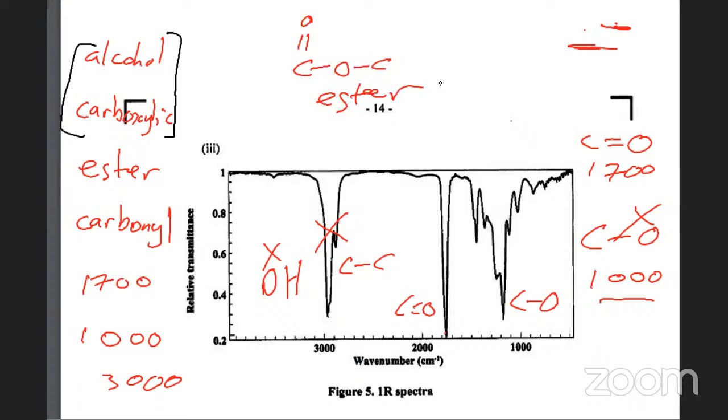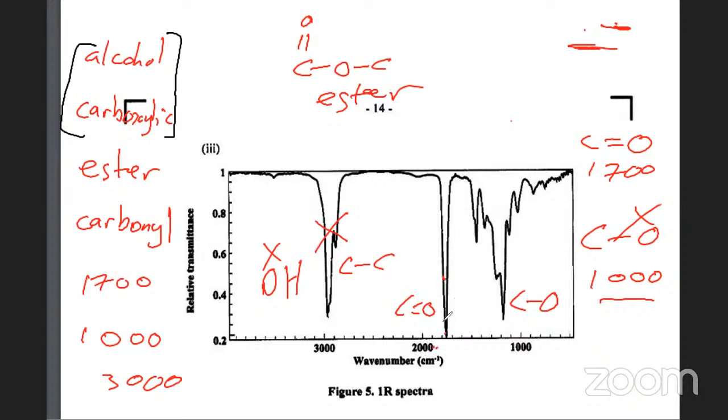So justification, the peak at this would be, let me see, about 1750. So this peak corresponds to C double bond O. For justification, you're just telling the wave number and what it represents.